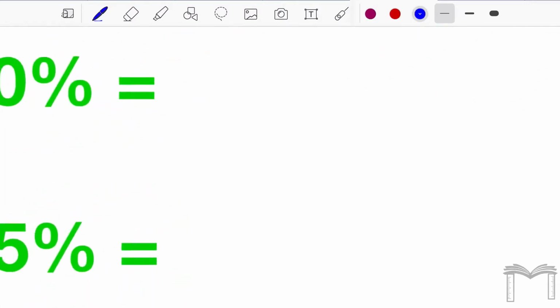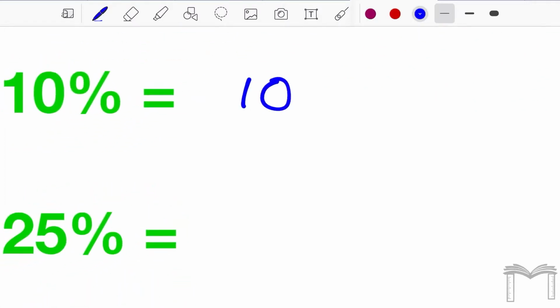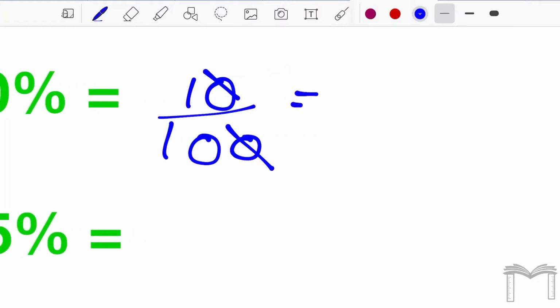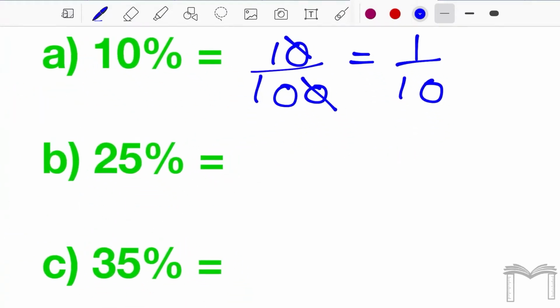So 10% is 10 over 100. We can cancel 1 and 0 on top with 1 and 0 below. This will give us 1 over 10. So this is the lowest form, or the most that we can reduce the fraction. B, 25%.